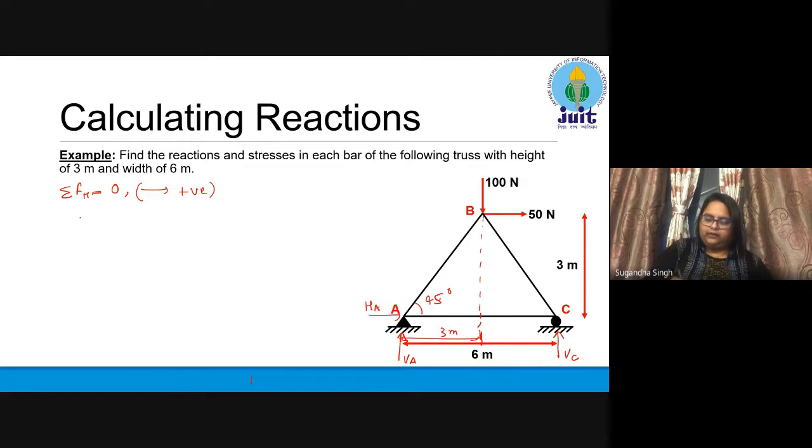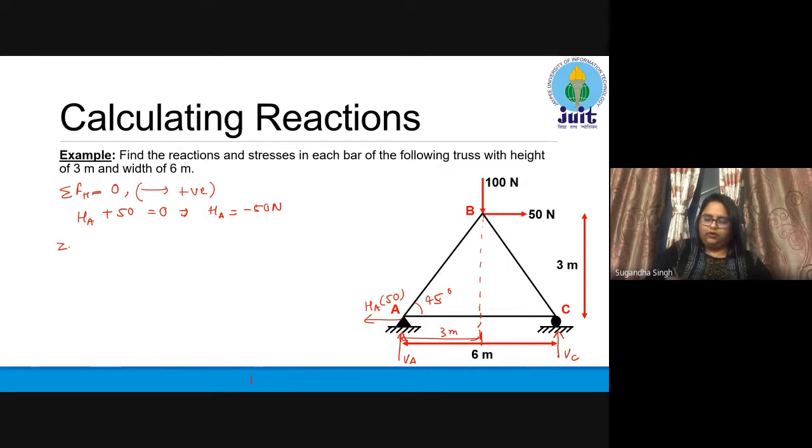So HA plus 50 will be equal to 0. So HA comes out to be negative 50 Newton. That means the direction that we have assumed here is opposite.